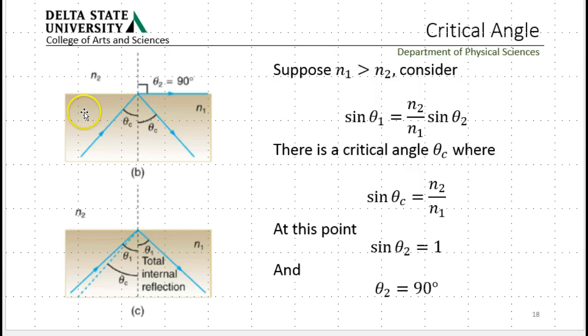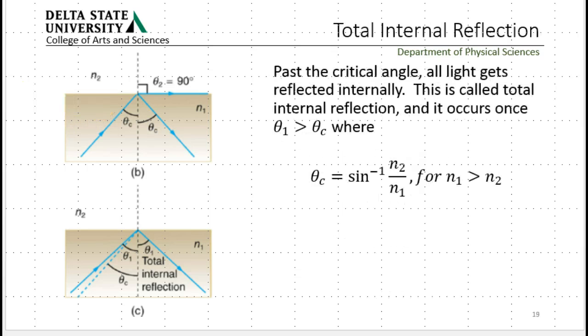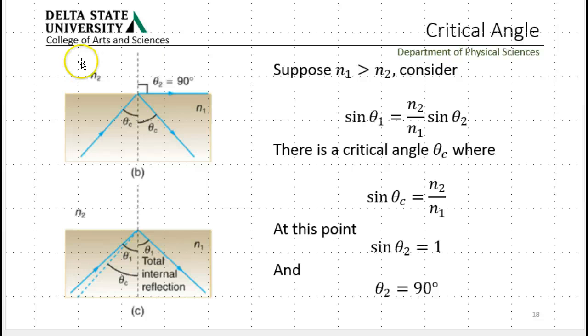One final bit about Snell's law before we move on. If n1 is greater than n2, there's an angle where theta 2 hits 90 degrees. Remember, theta 2 is larger than theta 1, and so we can hit the angle where sine theta 1 equals n2 over n1 sine theta 2, and at the critical angle, sine theta 2 is 1.